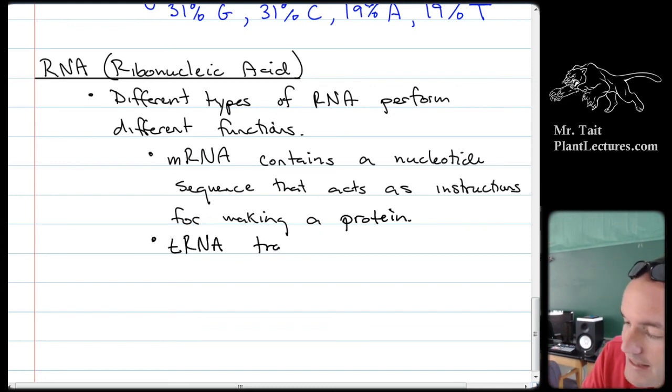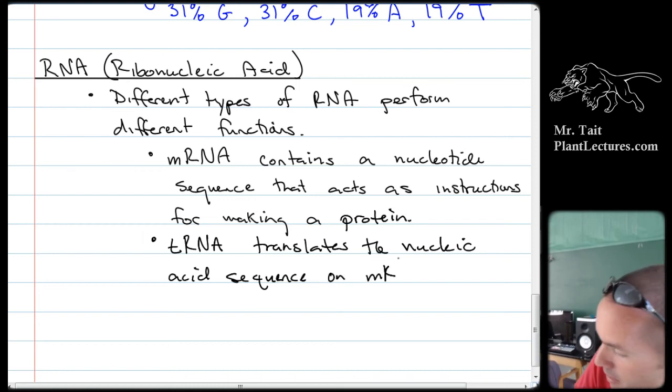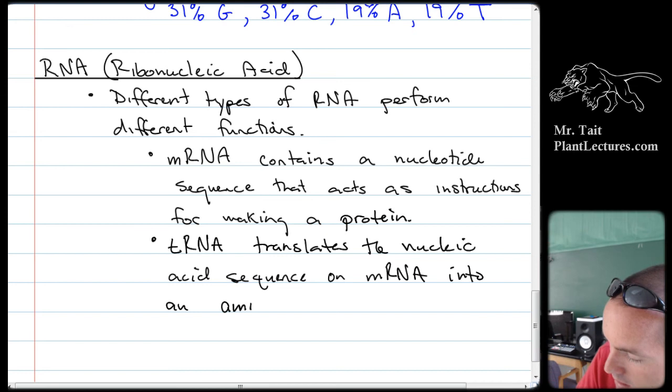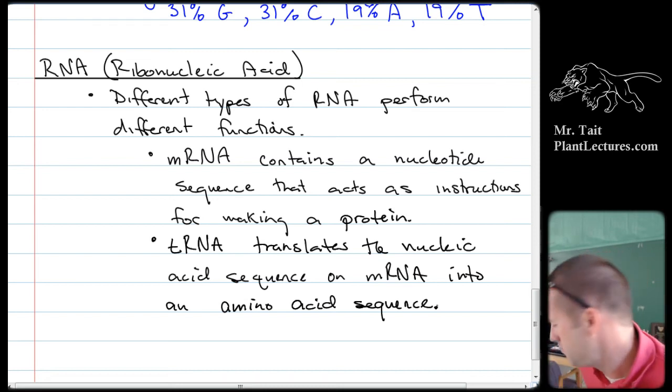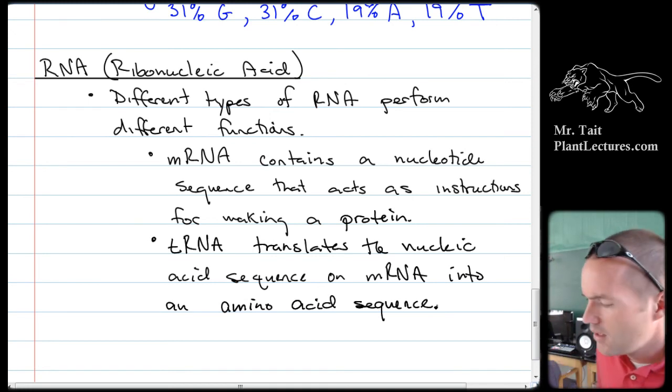So tRNA translates the nucleic acid sequence on mRNA into an amino acid sequence. And it painstakingly does that one amino acid at a time. Okay?